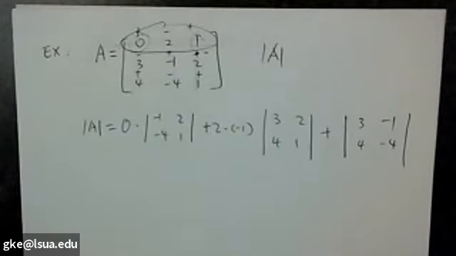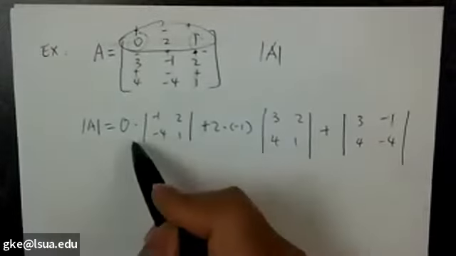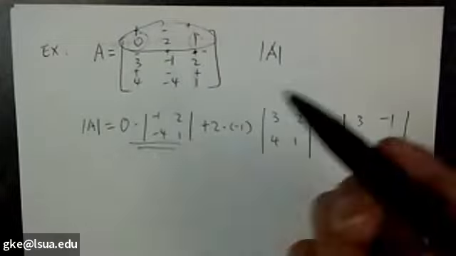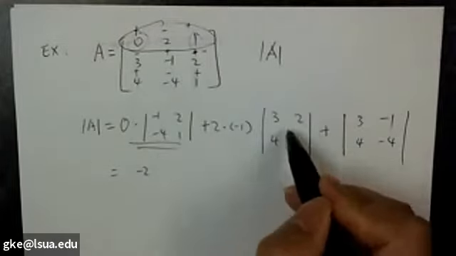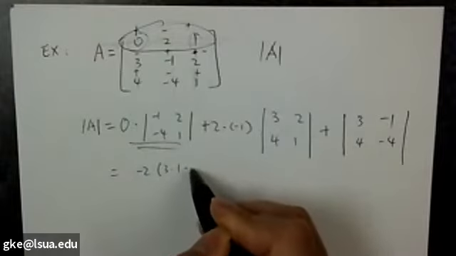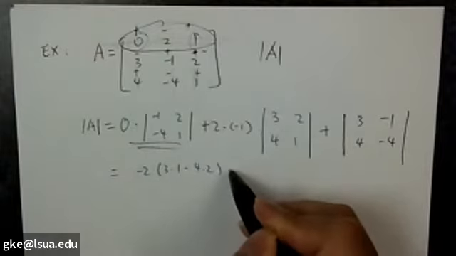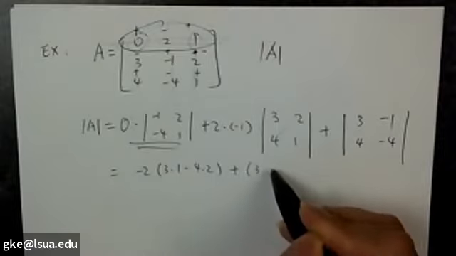Very good. Now, the first guy is 0, and 0 times everything is 0. We don't need to care. The second one is going to be a cross product. And the third one is going to be 3, -4.